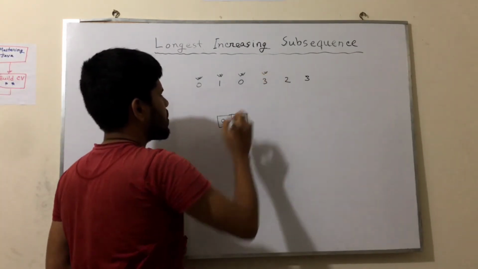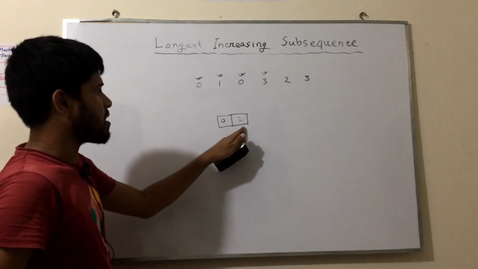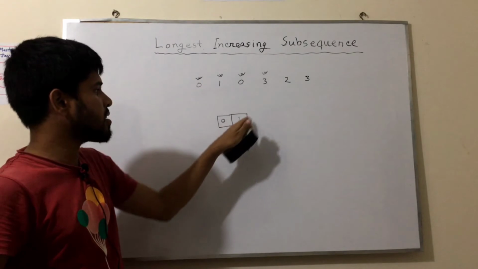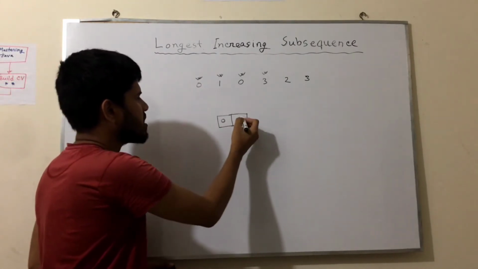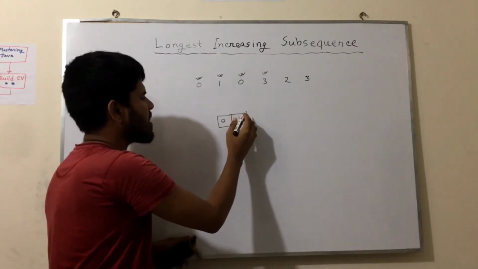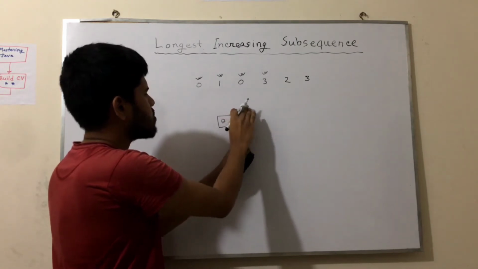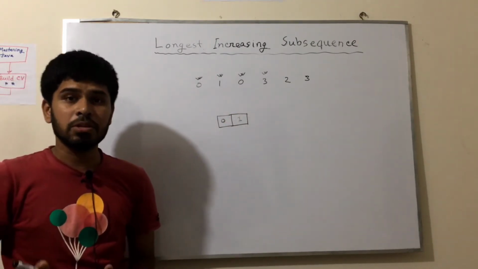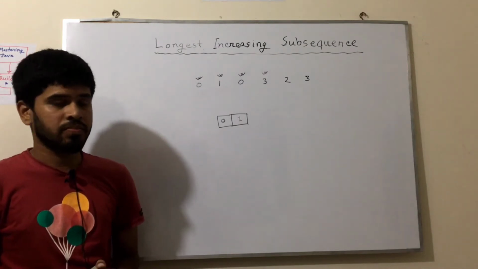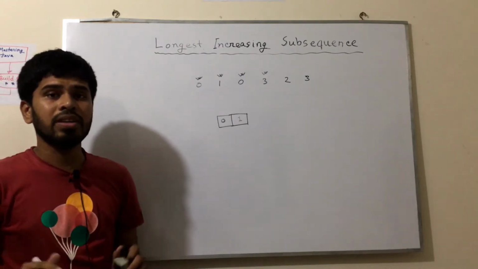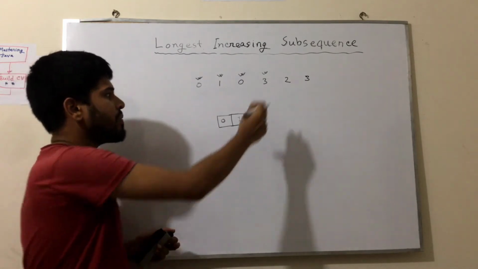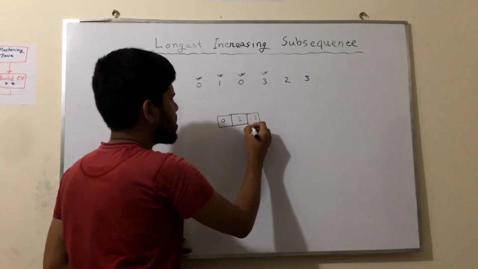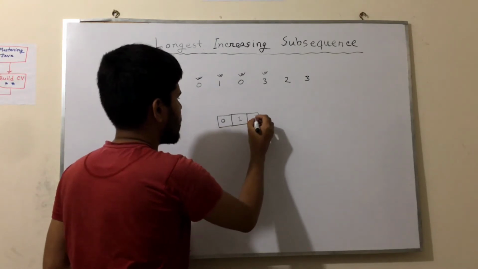Now we see 3 is greater than the last element, which is 1. Here 1 tells us we have at least one element on the left of 1 which is less than 1, and that element maintains the relative order. We don't know the element, but we have at least one. Now we have 3, and we can insert 3 here since 3 is greater than 1.